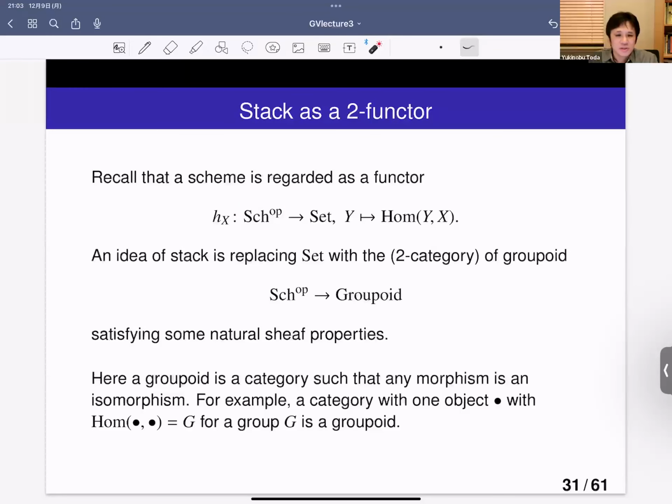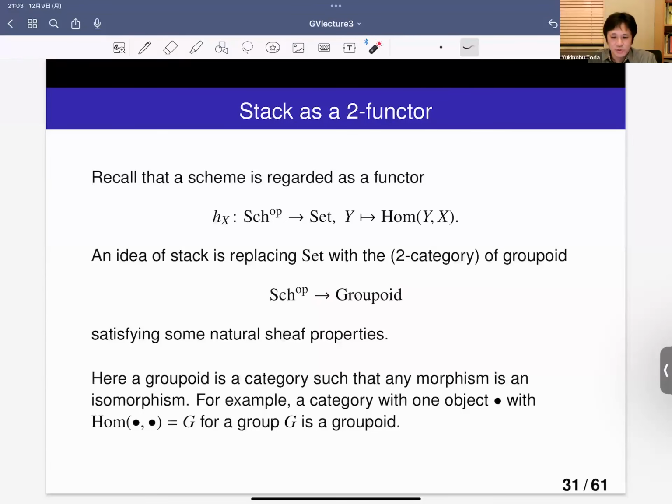But another idea of the stack is replacing the target with the 2-category of groupoids. This is because the issue was the presence of some automorphisms. So the idea is replacing sets with some data which also has information of the automorphisms. And here, groupoid means a category such that any morphism is an isomorphism.